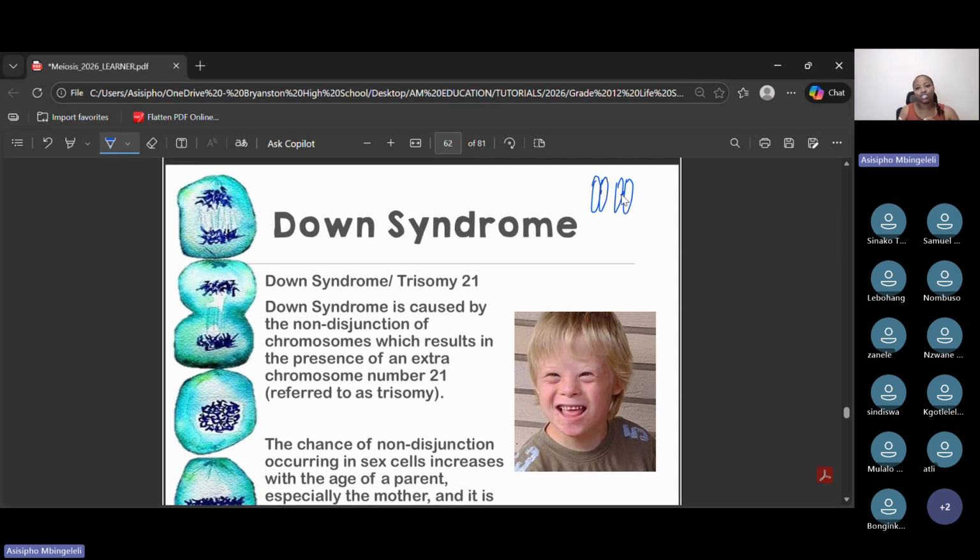But due to non-disjunction, we end up having a 3rd chromosome. So Down syndrome is also referred to as trisomy 21. Tri means 3, 21 is referring to the pair. In chromosome pair number 21, there are 3 chromosomes, which results in what we call Down syndrome.